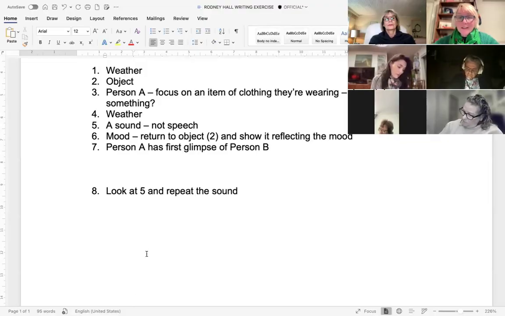It'd be quite haunting, that repeat of the sound. It's always good to keep that in your mind. How can I use sound? As well as smell, of course. We could chuck in a smell.